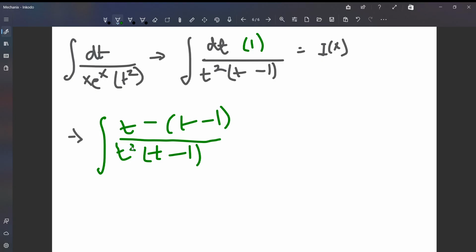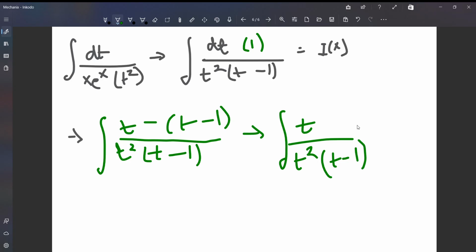So integral t over t square into t minus 1, minus the integral t minus 1 over t square into t minus 1.